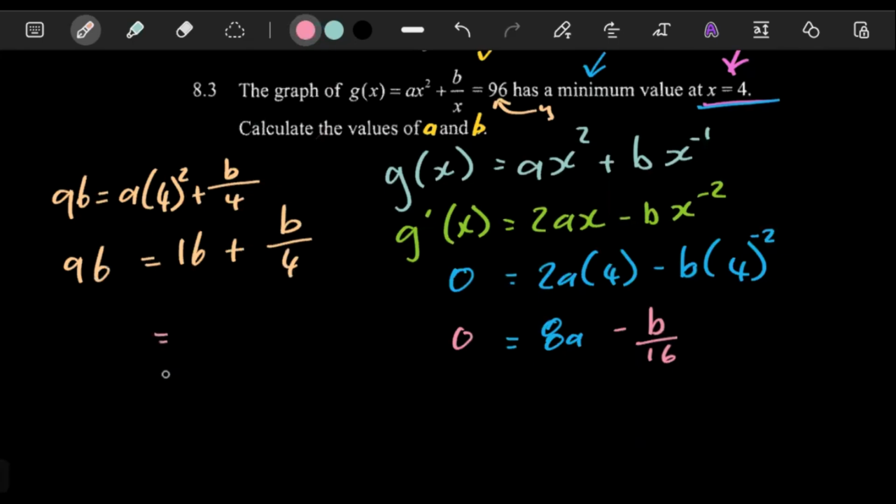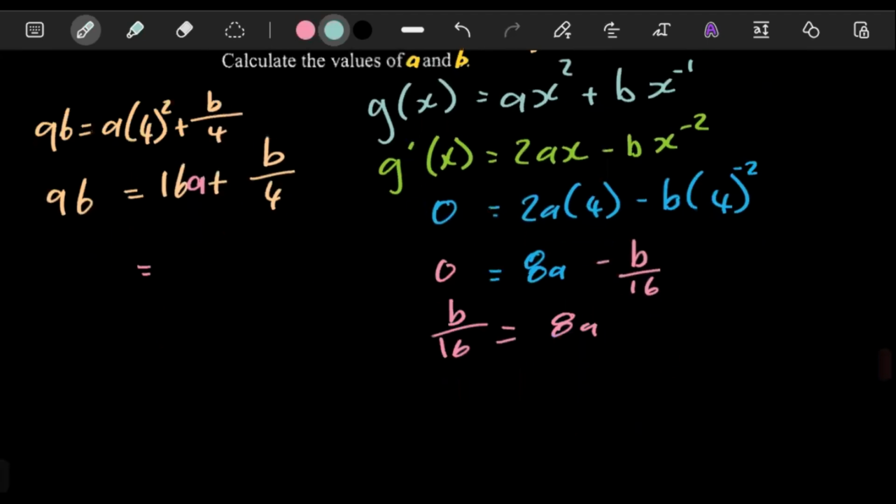I forgot my a. So what now? We just need to carry on, because let's maybe isolate a in this equation. You have b over 16, right? There's 8a.